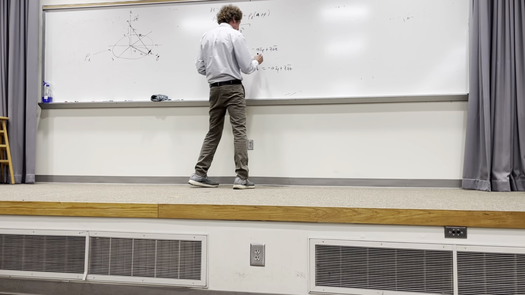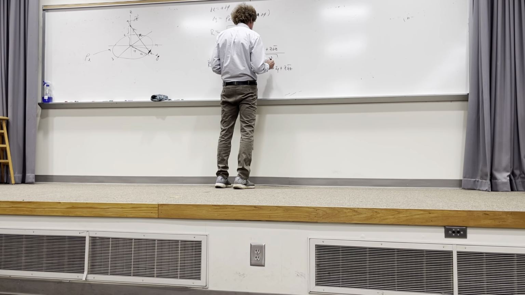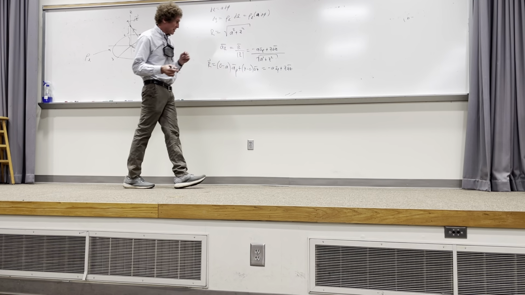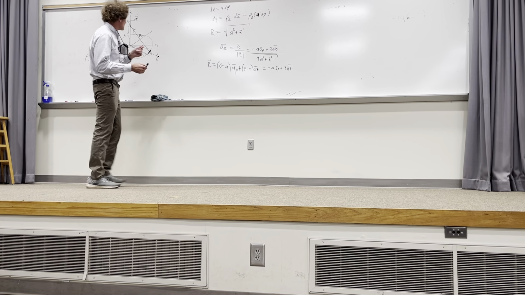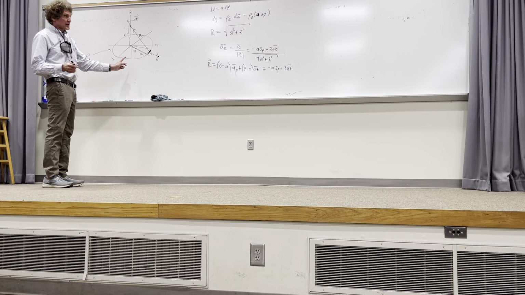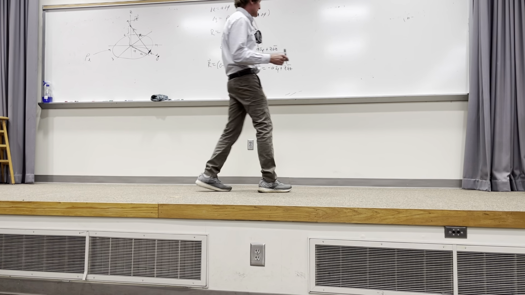So I would divide this by the square root of a squared plus z squared, and that would be a unit vector right here. Now I'm going to assemble the electric field integral for this. And you'll see this. Remember, I want this on the z-axis, not off the z-axis. I want the electric field anywhere on the z-axis. Your instincts are going to tell you something about this in a second.